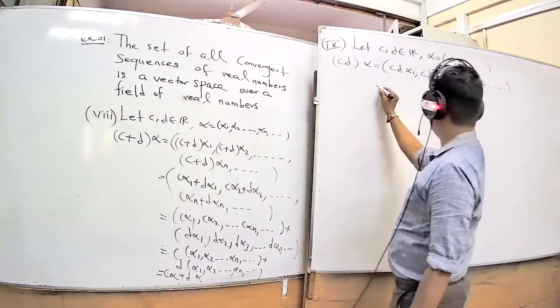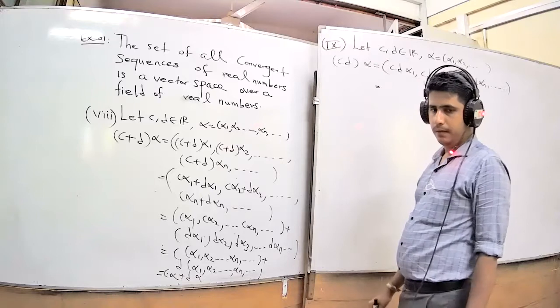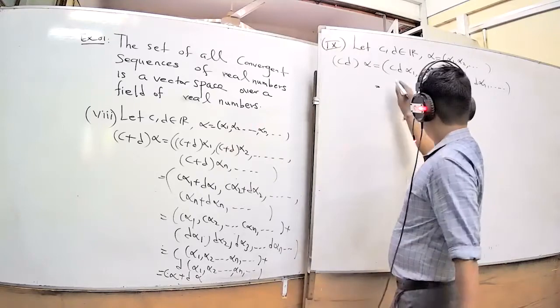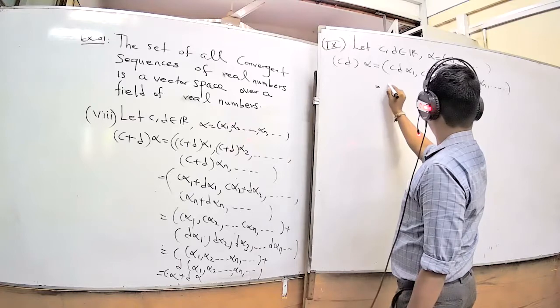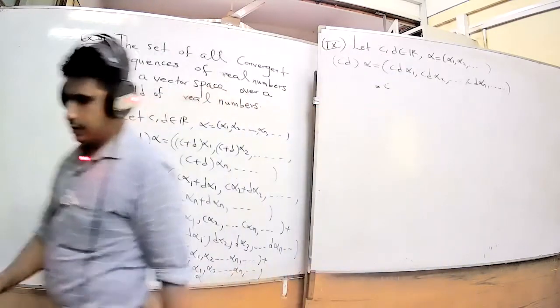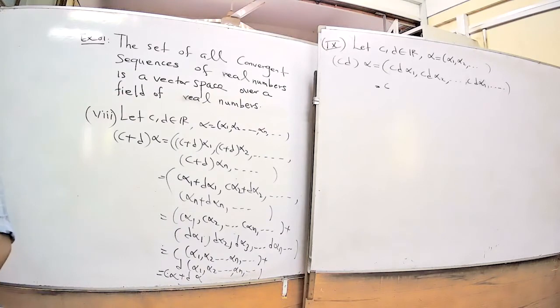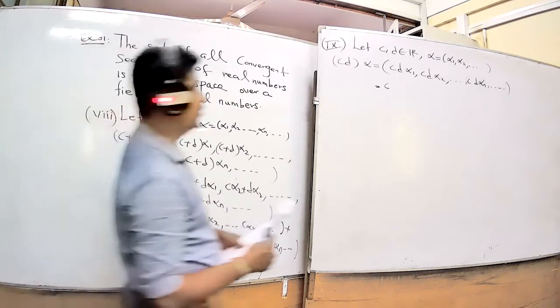Then we take this one with c times, and this is c alpha n.